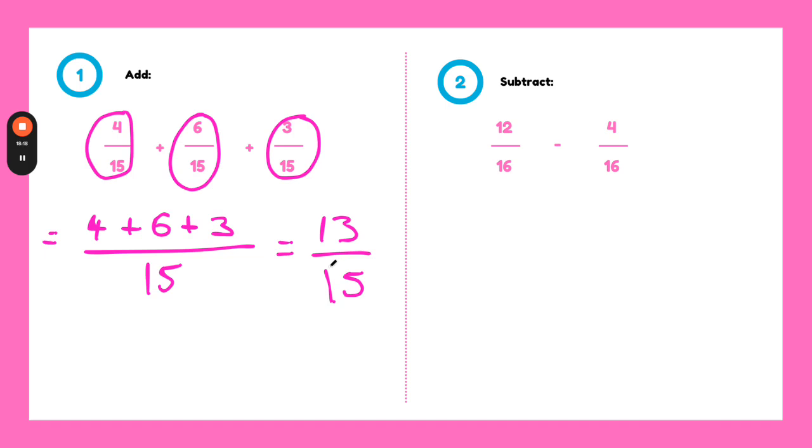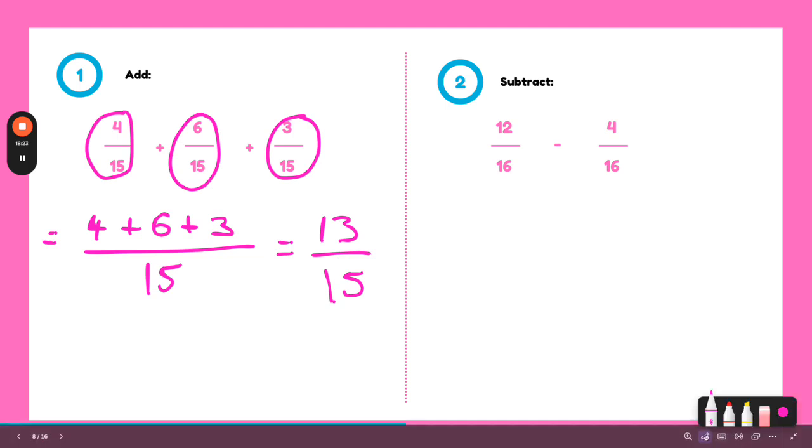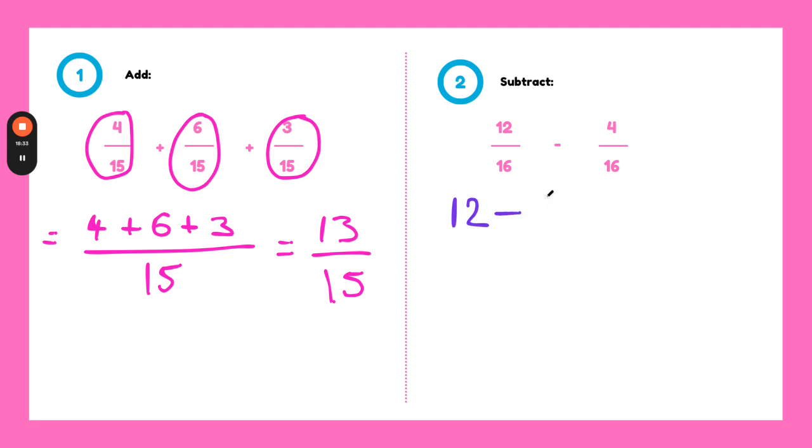And the second question, similar rule, we just take away in this case. So we have 12 over 16 minus 4 over 16. So 12 minus 4 over 16.